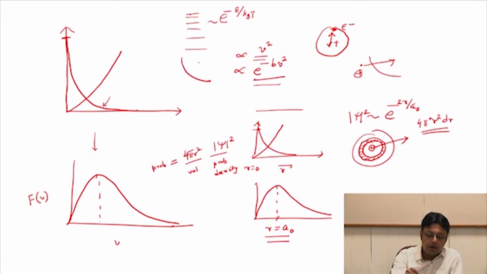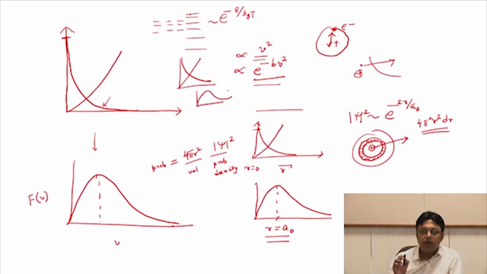But the number of states for a particular energy, known as the degeneracy factor, also increases, going as 2J plus 1. Let's not go into the details, but since that is increasing, together these two functions go through a maximum.